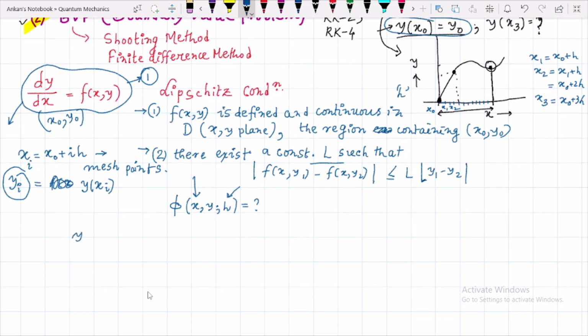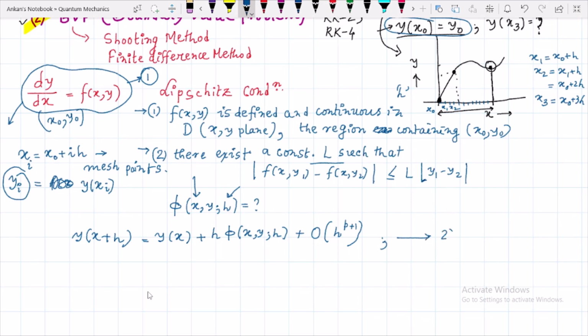So again you can write that y(x plus h) is y(x) plus h times phi(x,y,h). Suppose this is the relationship between y and phi, and any higher order of h is neglected, in a single term we can write the order of higher power of h, where p is a positive integer.